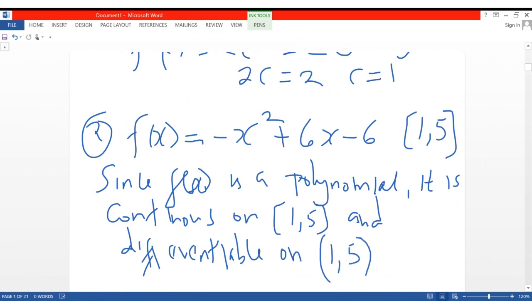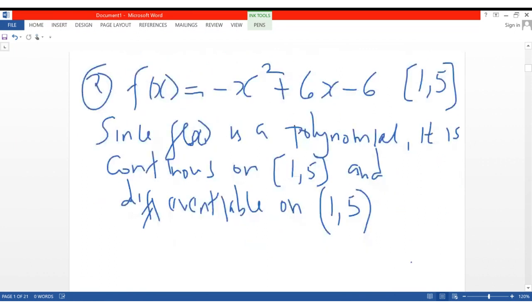We shall come back to what we mean by closed and open interval, don't worry. Because it is a polynomial, that is the first thing that we do.